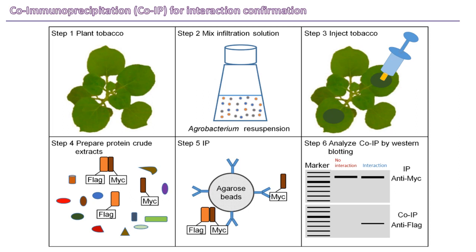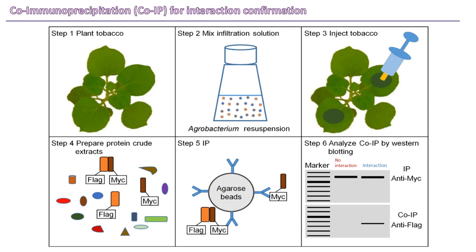And next step, the IP will be performed. For example, if we use the agarose beads containing the anti-MYC antibody, we can pull down only protein fused with the MYC. So if the protein fused with FLAG interacts with the MYC-fused protein, that protein can also be pulled down by the beads.